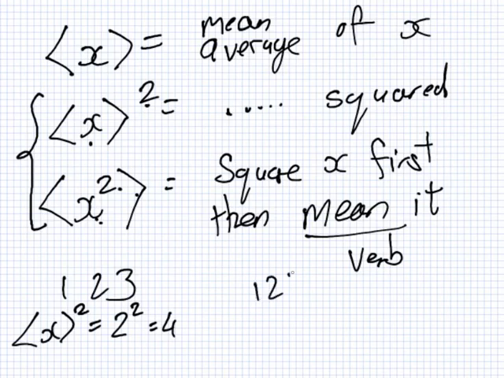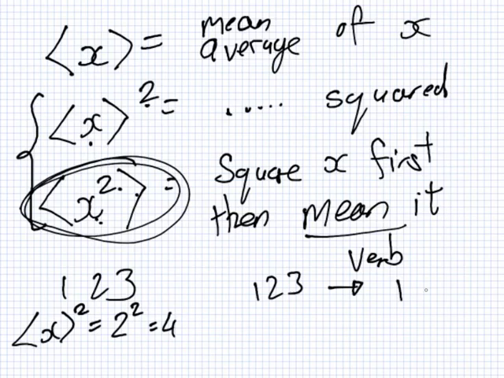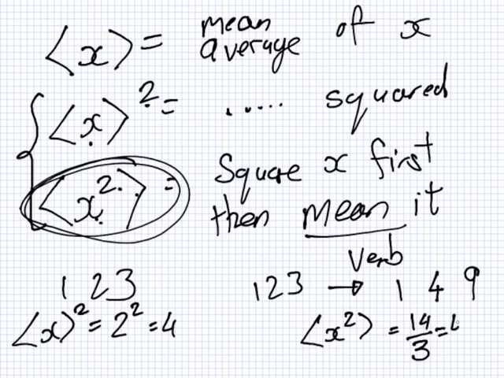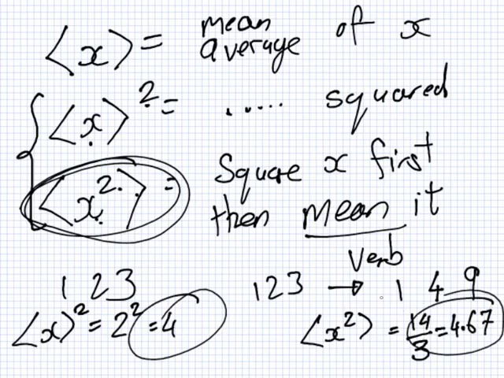Now if I had 1, 2, 3 and I wanted this one, first I would have to change it into 1, 4, 9, and then I would get 14 over 3, whatever that is. What is it? 4.67, 4 and 2/3, yeah. So you can see they're a little different, can't you? They're not the same, right? 4 and 4.67. So I just wanted to show you the symbols before the next part.